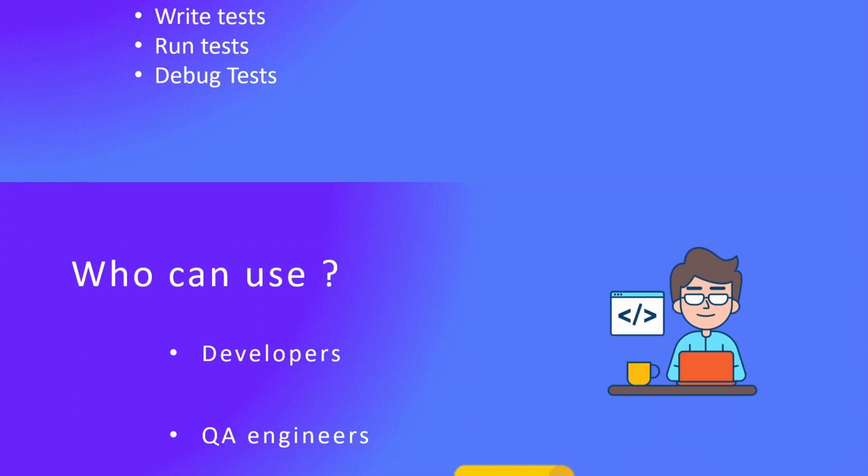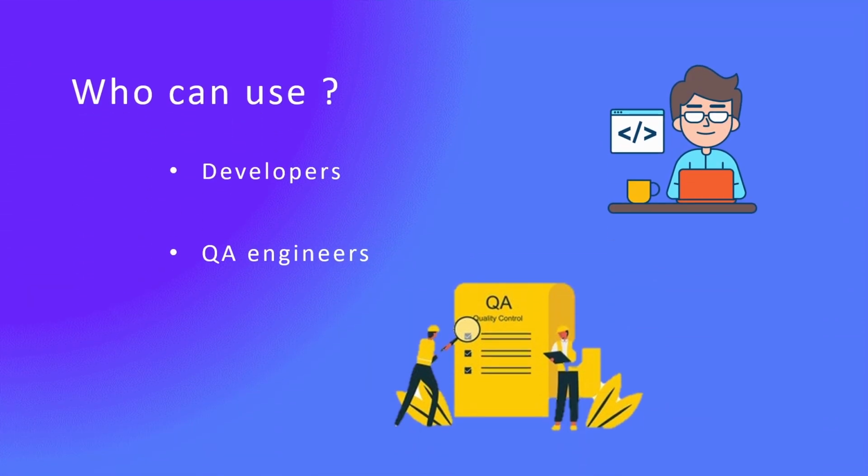So who can use this Cypress? Developers and quality engineers. Developers can use it for unit testing or component testing. QA engineers can use it for end-to-end testing, integration testing, continuous integration testing, like different testing.